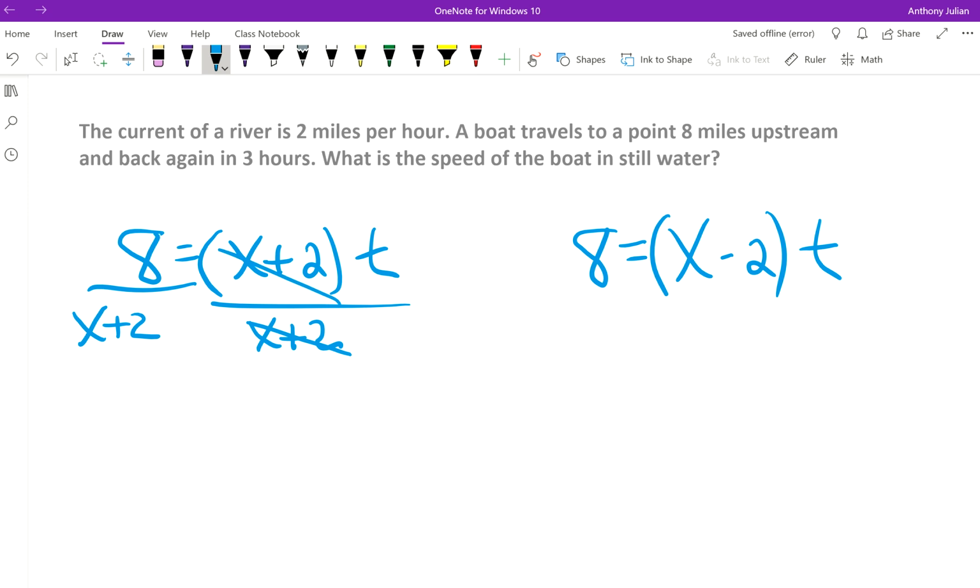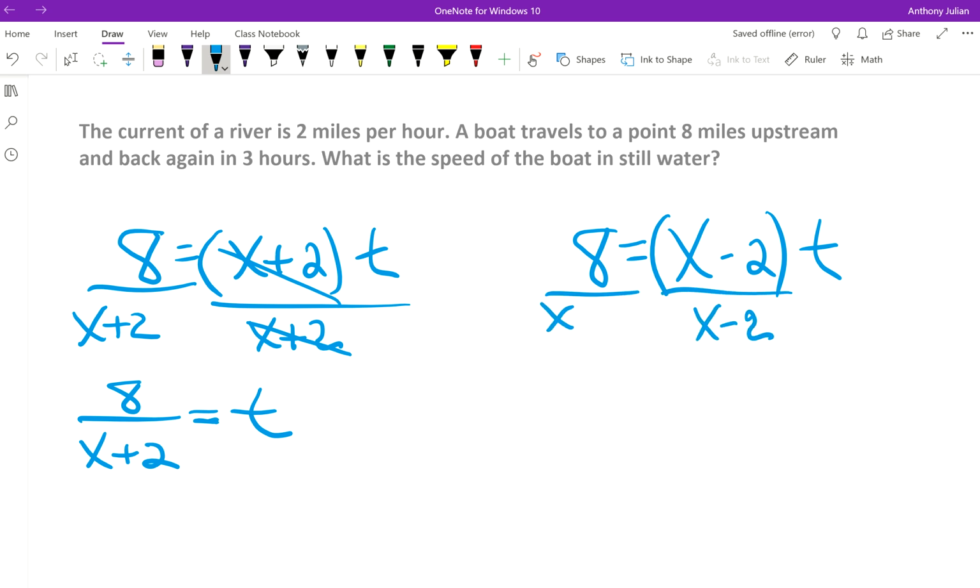The x plus 2's cancel, the t is by itself, and it's going to equal 8 over x plus 2. There's one side. That may be going downstream because of the x plus 2. This is going upstream, and I'm going to divide this side by x minus 2. So t over here is going to equal 8 over x minus 2.